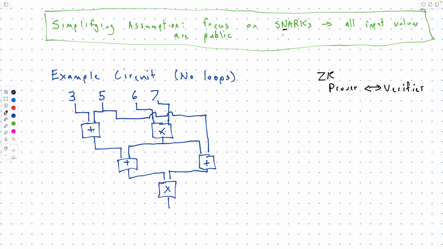Are we going to cover any interactive protocols? Yeah, so what we're going to do is start with it as an interactive protocol. I'm going to show it to you interactive, and then we're going to do a trick to make the interactive protocol non-interactive. So eventually we'll get to this being non-interactive, which is what we want.